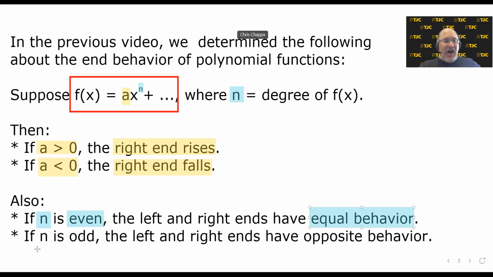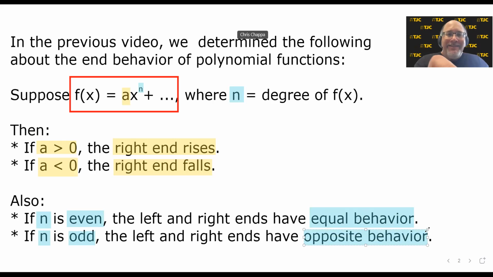But if the n is odd, then the left and right ends have opposite behavior, meaning that if the highest power is odd, then one end points up and one points down. Which points up and which points down depends upon which direction the right end points.